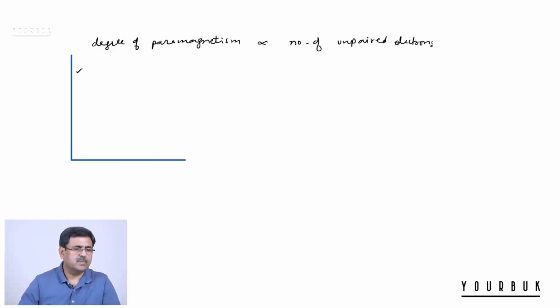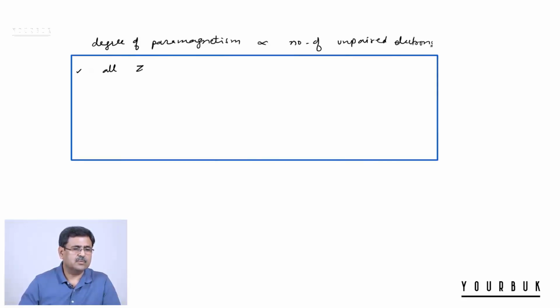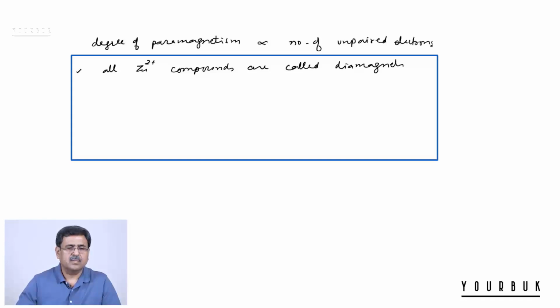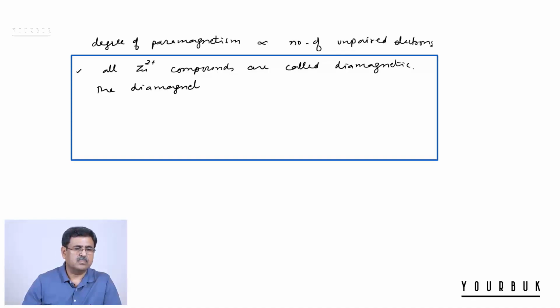Now the first point, that all zinc plus 2 compounds are called diamagnetic. And diamagnetic substances are repelled by the magnetic field.